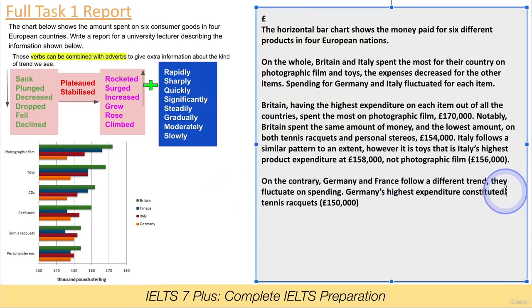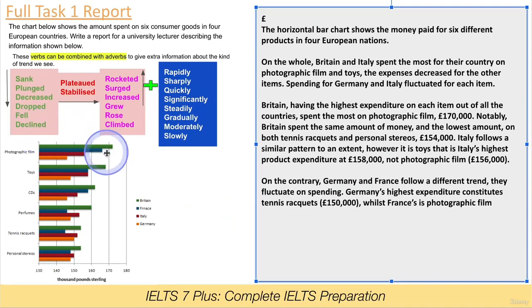Constituted or constitutes tennis rackets, 150,000. And then, what was France's? Photographic film, actually, like Britain. Whilst France's is, we're using present tense because there's no time on this, is photographic film.